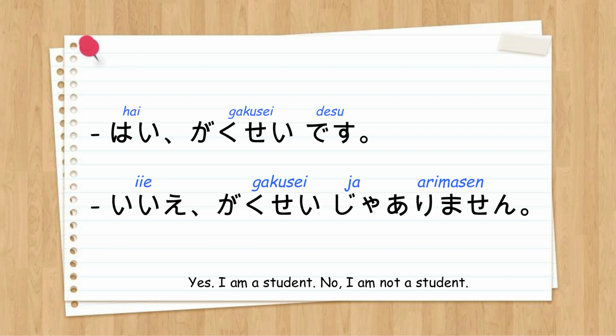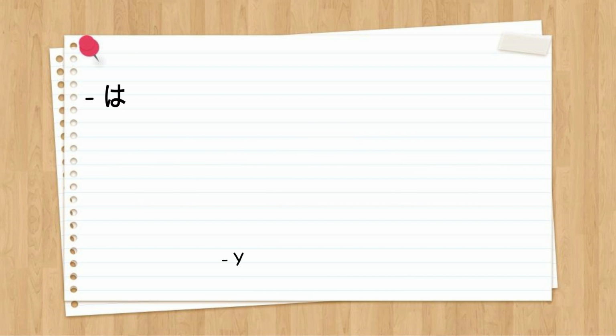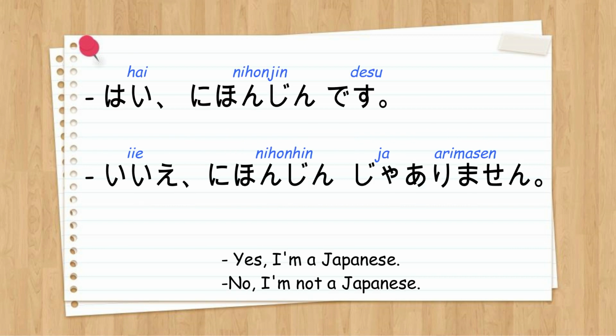You can also take note that the subjects are often opted out if it is already obvious in your sentence or if both of you are aware of the subject. Another example is, anata wa Nihonjin desu ka? Hai, Nihonjin desu. Iie, Nihonjin ja arimasen.